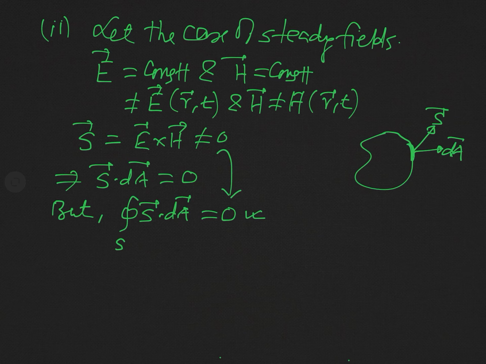It means that when the flow of energy through a closed surface is 0, the Poynting vector may not be 0. It may be 0 or may not be 0 too. Let us see this. First of all, I am evaluating this integral, that is the total flow of energy through a closed surface in case of these STD fields. Remember, we are considering the STD fields.